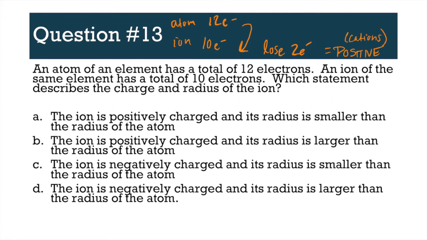So then if you're thinking about it, if you're losing electrons, are you going to get bigger or smaller if you're losing stuff? If you lose stuff, you get smaller. So the ion is smaller. So we're looking for a positive ion with a smaller radius. And if you go through all the answer choices very carefully, that is what A says. Ion is positive, radius is smaller.